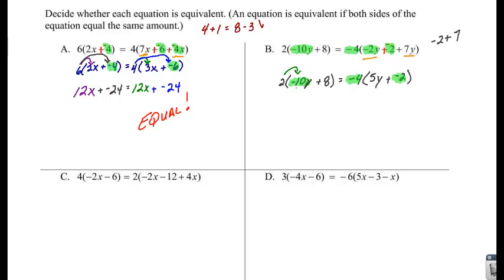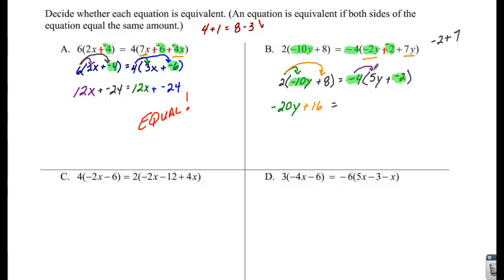2 times negative 10y, negative 20y. 2 times positive 8, 16. I notice I can bring that addition down because everything's addition in my problems. None of that stinking subtraction for us.